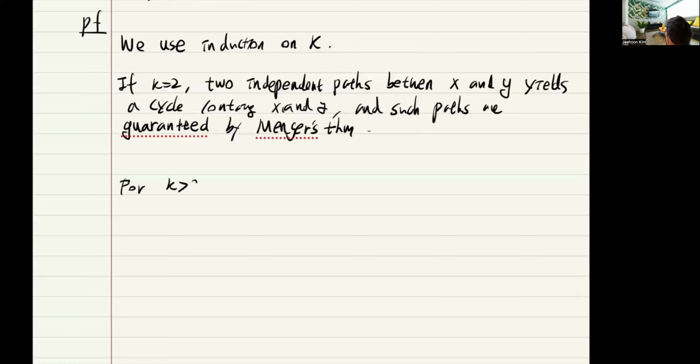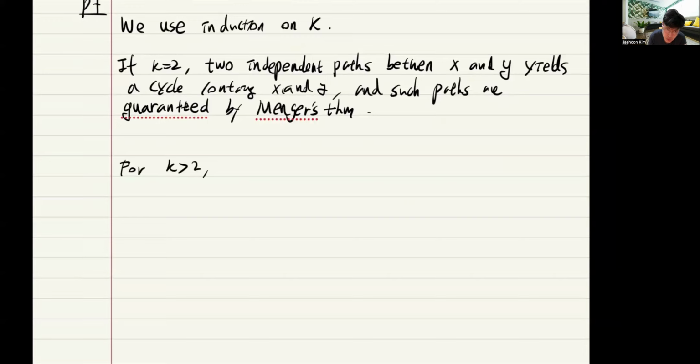For higher connectivity, what can we do? We know that a k-connected graph is also (k-1)-connected. By the induction hypothesis, you have a cycle containing k-1 vertices. If it contains the final vertex as well, then we are okay. Otherwise, there is one vertex outside, and we want to find a cycle containing all of them.